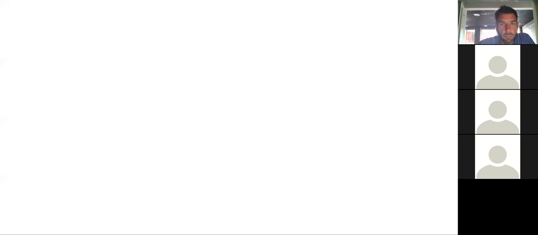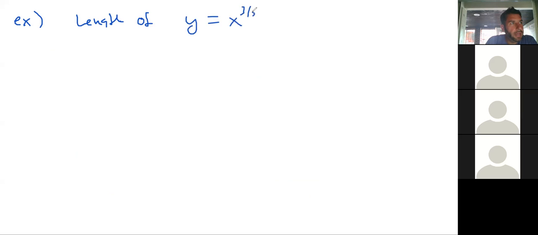Let's do an example, a quick one. So let's do the length of y equals x to the 3/2 on, say, 0, 1. So the length is this integral.